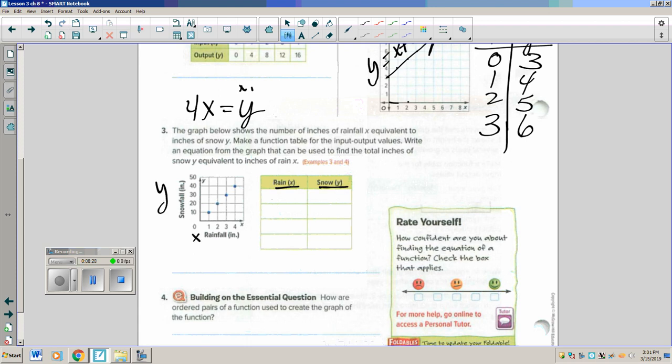Here's my snow. If x is 1, because I went over 1, y is 10. Second one, x is 2, brought up, 20. 3, 30, 4 is 40.